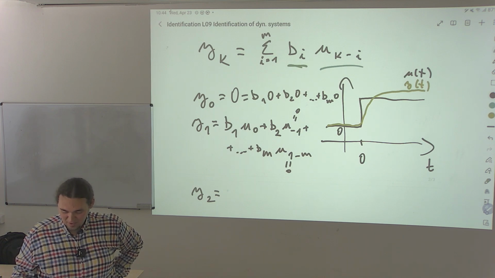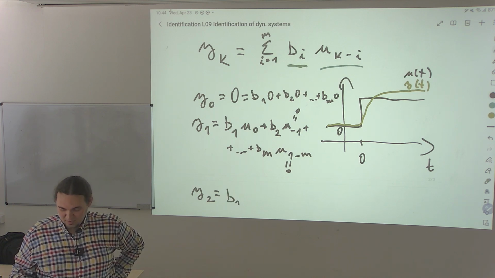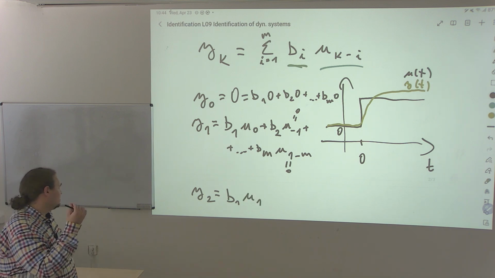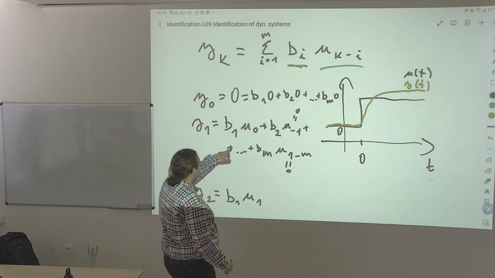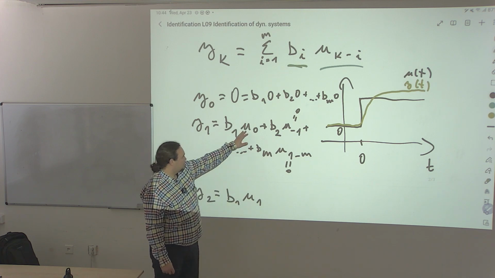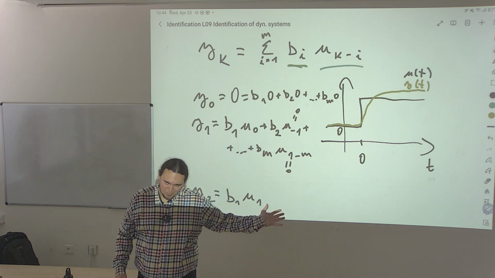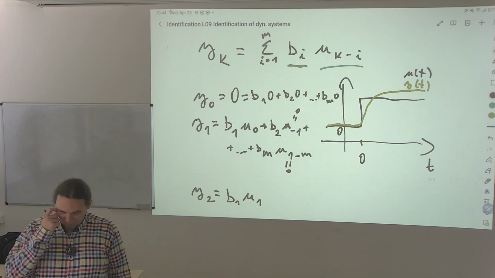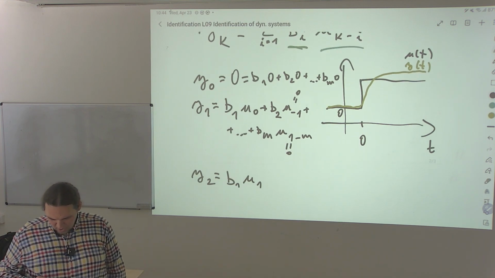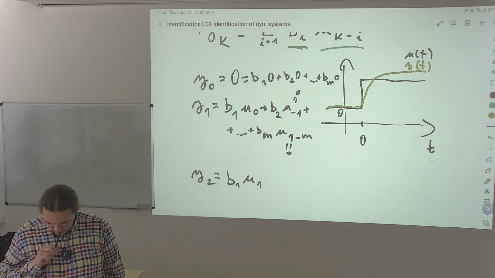Makes sense, yeah. So b1, u1. Good question, Jakub, whether these are ones. We can just keep them general, and it will help us to generalize this. Is this correct? Yes.